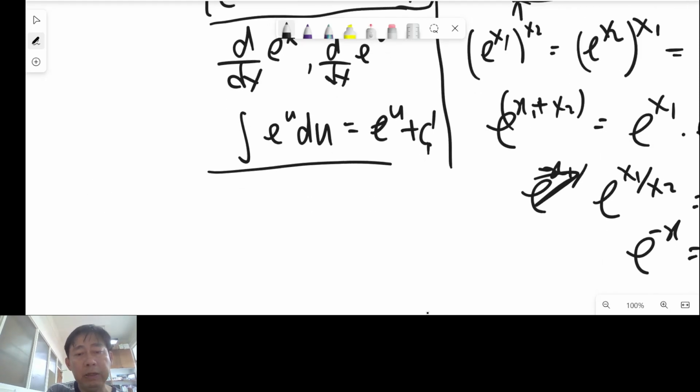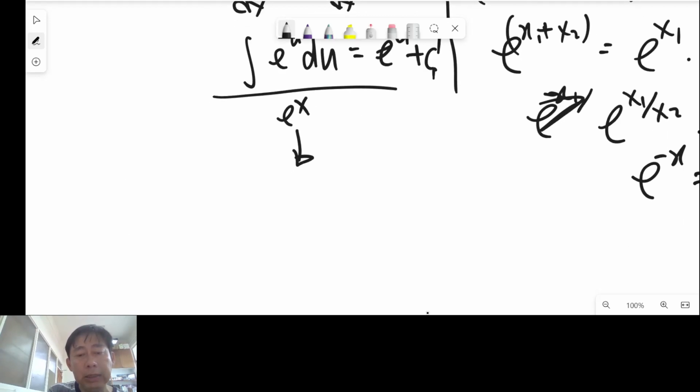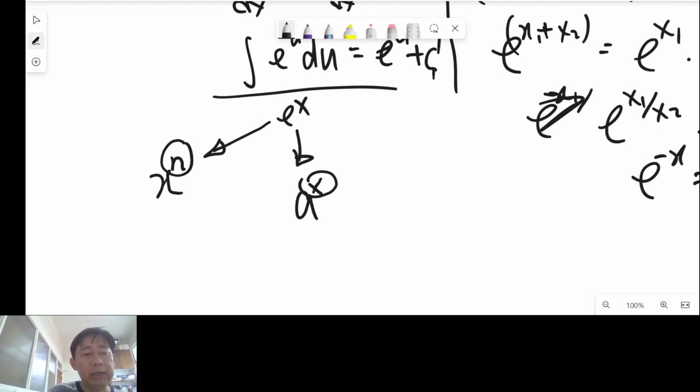And then based on this, we also made use of e^x to generalize the exponential function, where the index is now allowed to be a real number. Also by using the exponential function, we generalized the power function to include an index that could now be irrational as well.